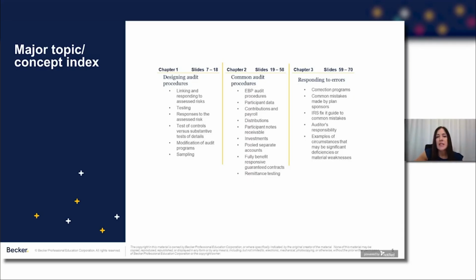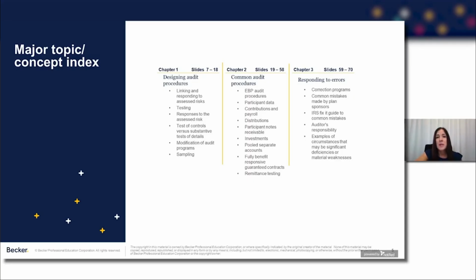And then section 3, we will talk about responding to errors that are identified during the course of our audit. One thing too that I want to mention now, in case I forget to a little bit later, employee benefit plans are a little unique in that we are auditing the financial statements, but there's a compliance component to every EBP audit as well, where we're testing that the plan is operating in accordance with the plan document.